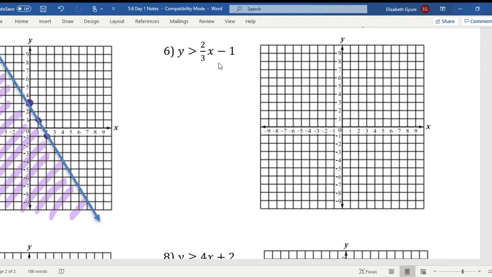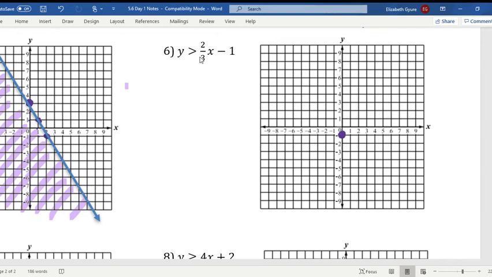Let's see. That's okay. Yeah, Mason, what's my y-intercept going to be? -1. So let's put a dot at -1. Then our slope. Somebody else, what's our slope? 2 over 3. Good. So we have 2 over 3.